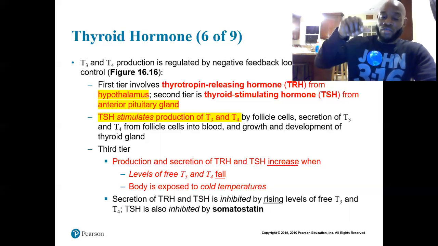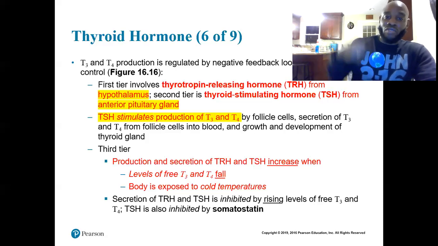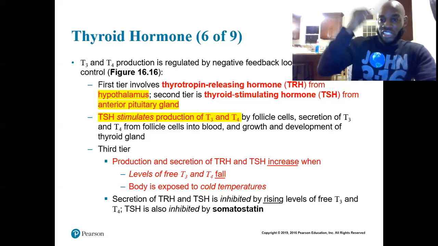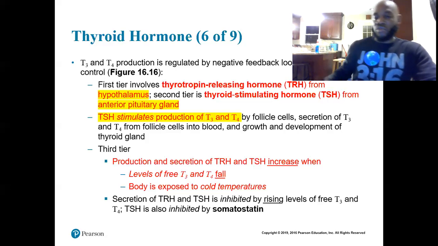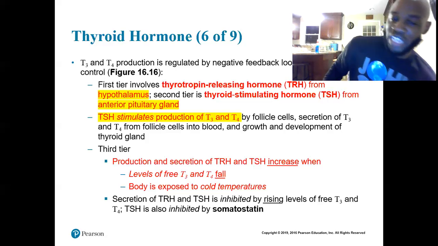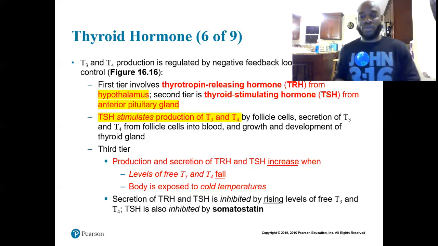So your body senses that the temperatures are dropping. Now I can release the TRH, then the TSH, and then stimulate more thyroid hormone and increase my metabolism and try to warm the body up.